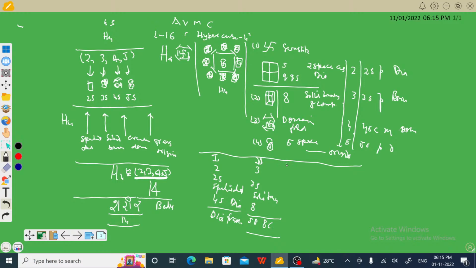Third is number 4. It is a 4 space. It is 4 space content, that is D4, manifesting as domain.